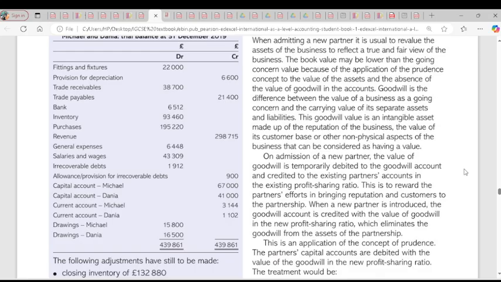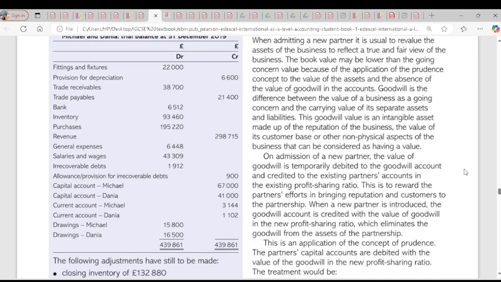Our opening capital plus the current accounts gives the closing capital. So 108,000 plus 63,192 gives us 171,192. That's the closing capital.